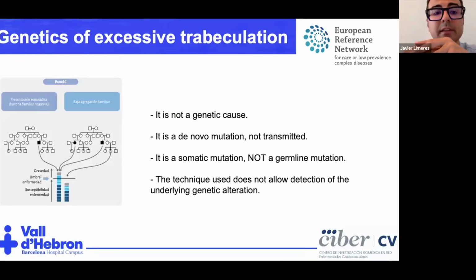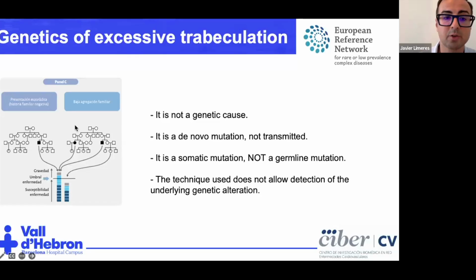And sometimes you can find sporadic cases. In these sporadic cases, sometimes we find that the cause of the disease is not genetic. But if we assume that it is a genetic cause, sometimes it's because you can have the mutation only in somatic cells, not in all the germinal cells.